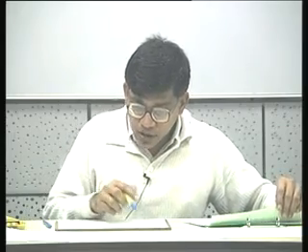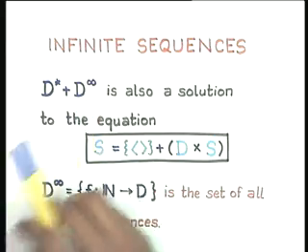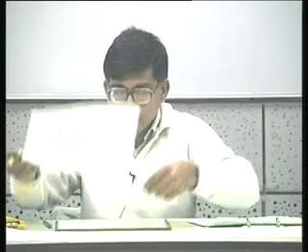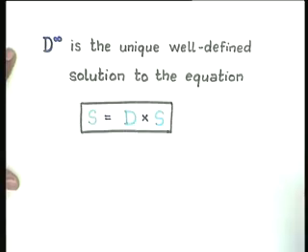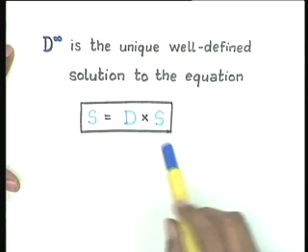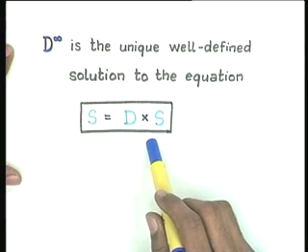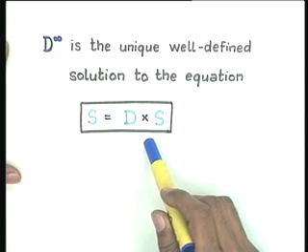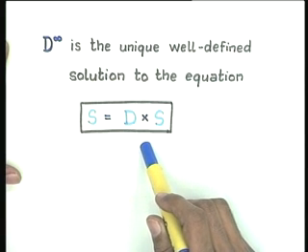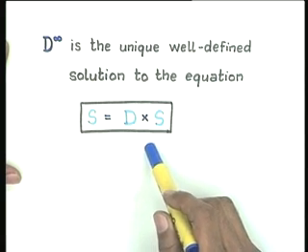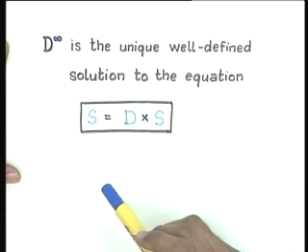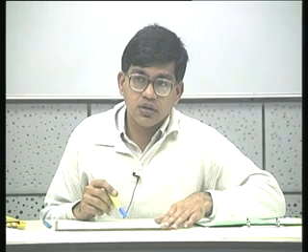So this d infinity itself is a solution to this equation, and in fact it is not the least solution, because the empty set is the least solution for this equation, but it is the least solution other than the empty set, right.